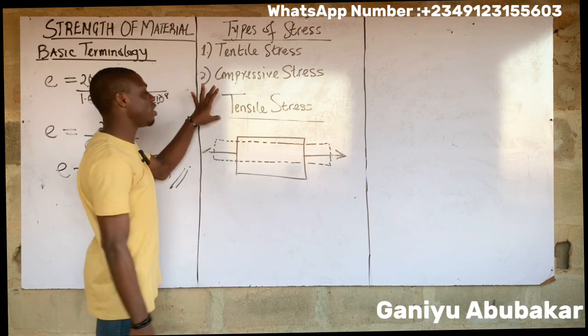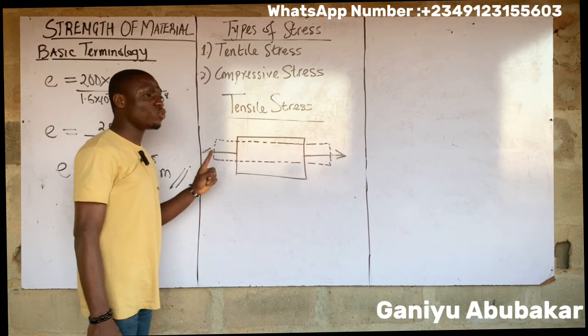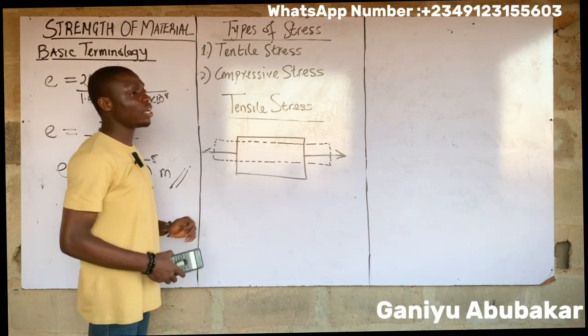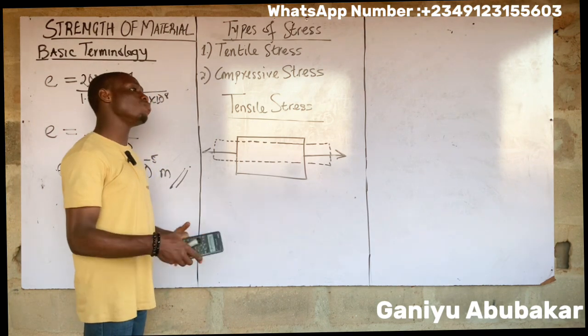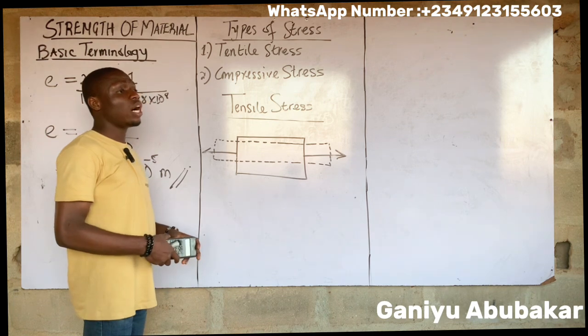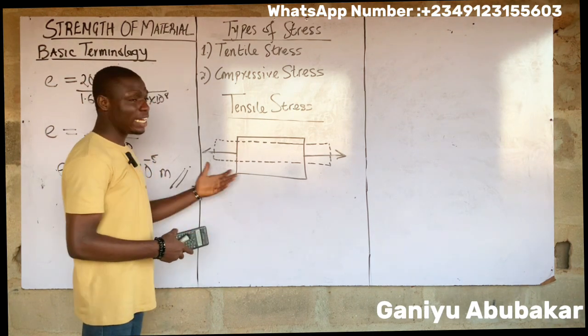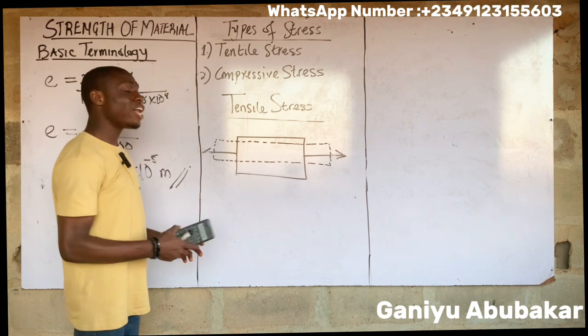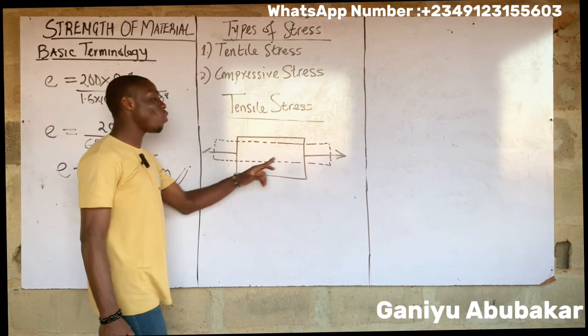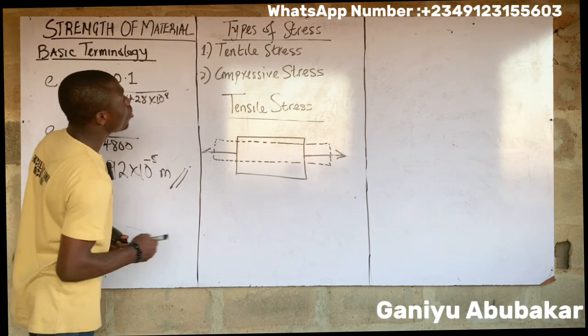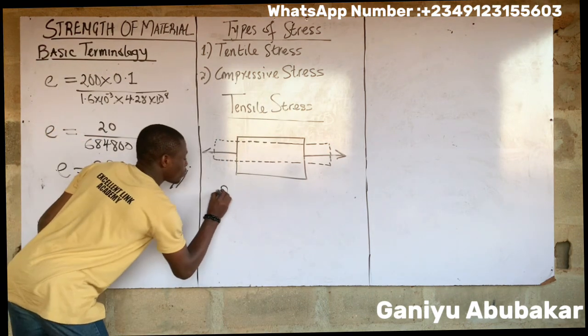So for tensile stress, the length increases while the height becomes shorter. A stress that tends to pull a material, thereby increasing the length of that material. And notice that for tensile stress, the arrows are going outward. Let's look at the second one, called the compressive stress.